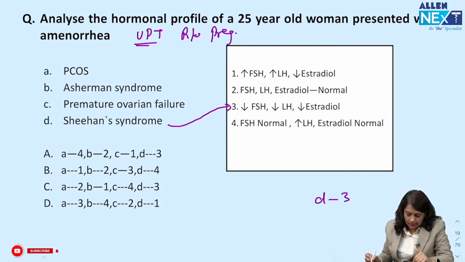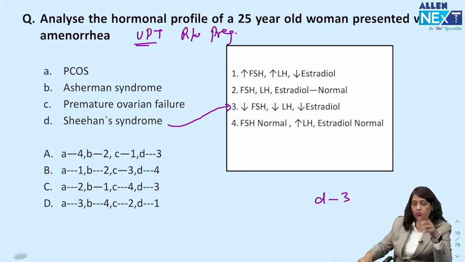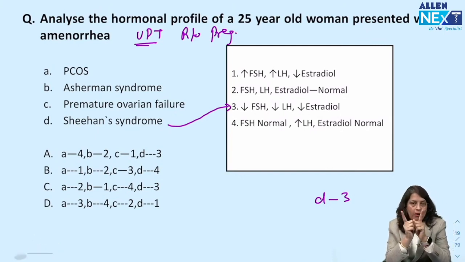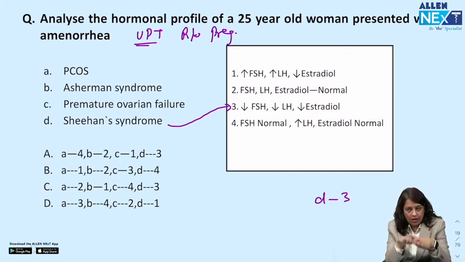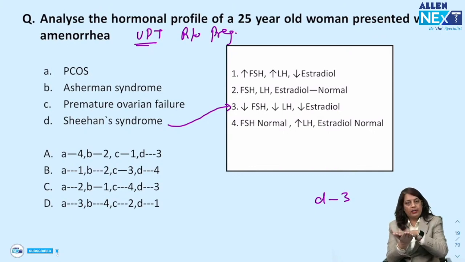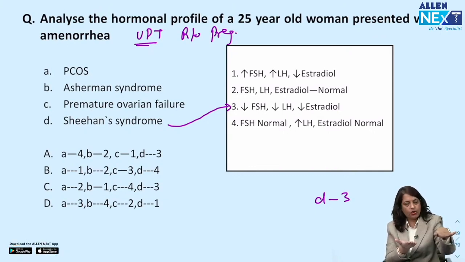Next is Asherman syndrome. Asherman syndrome, the cause is at the level of uterus. There is formation of adhesions. So hormonal profile, my dear friends, will be absolutely normal. Let us talk about 3 hormones: FSH, LH and estrogen. In this, ovaries functioning is normal, but end organ defect, that there is no endometrial lining, it has been destroyed.